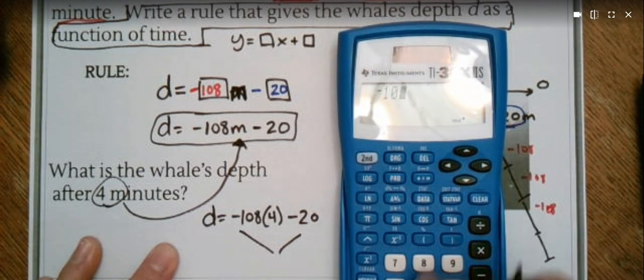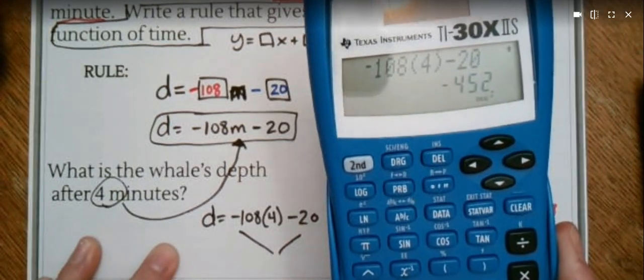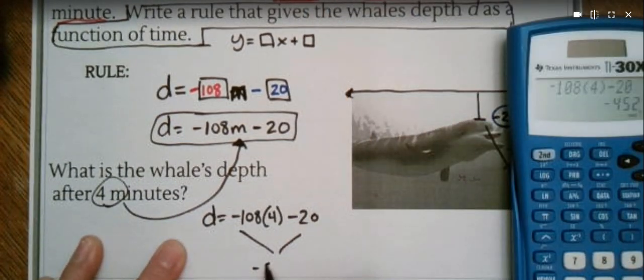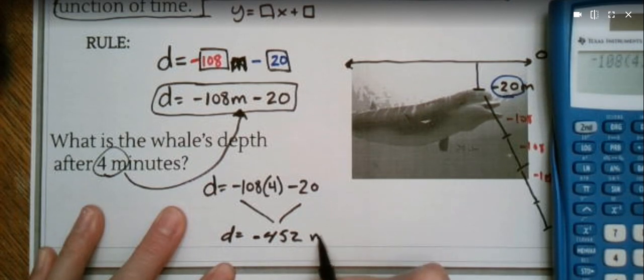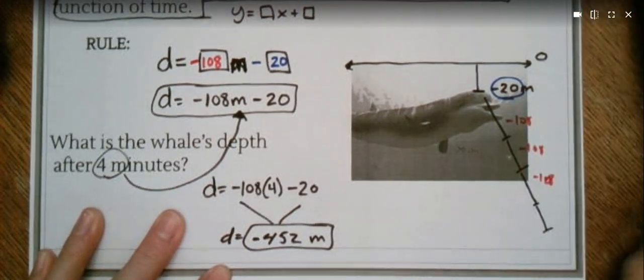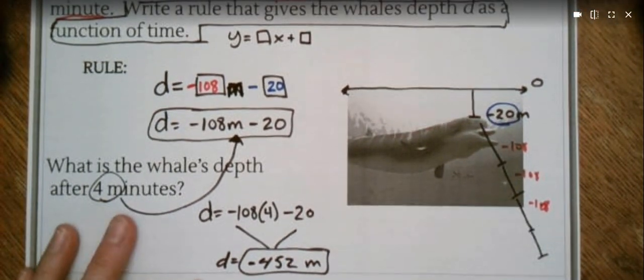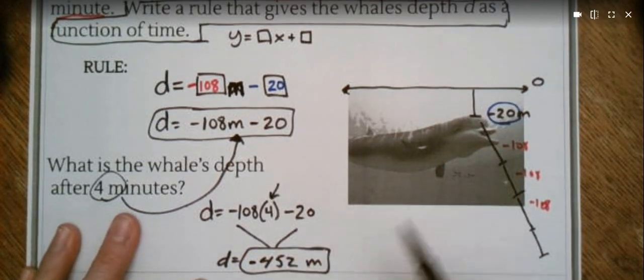So I got negative 108 times 4, and I want a minus 20. And that's just going to give me negative 452. And that's the depth that the whale is going to be at, a negative 452, and this is meters. So that's below the surface. That's where the whale will end up being after 4 minutes here. All right, so that will be problem number 4.